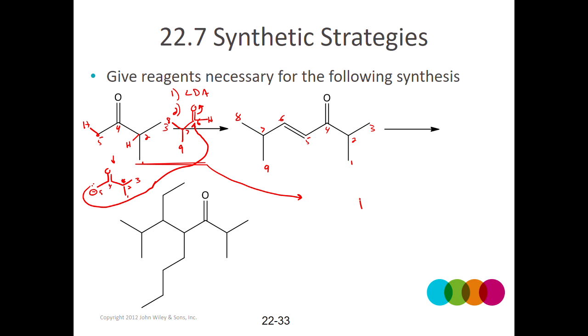So I've got 1, 2, 3, 4, and then 5 is connected to 6. And 6 is still connected to 7, 8, and 9.